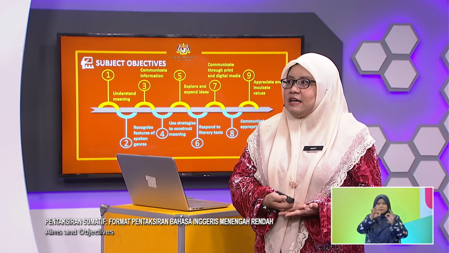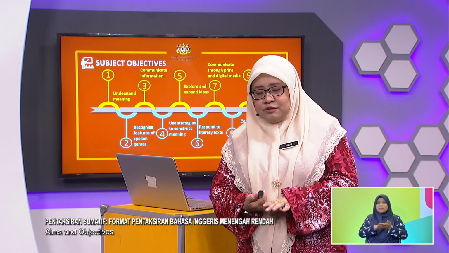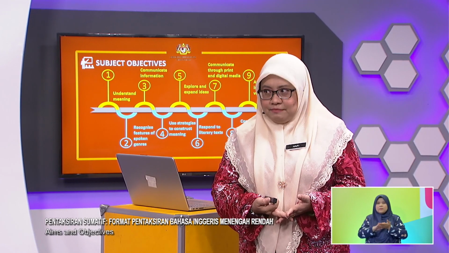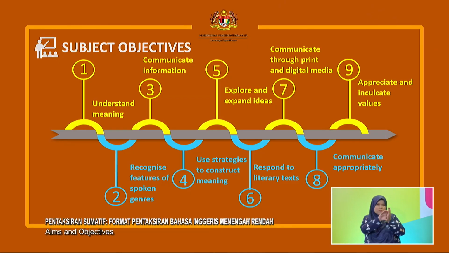And next, the students should be able to communicate through print and digital media. As well, they should be able to communicate appropriately. And finally, Chris, for them to appreciate and inculcate values. So these are the 9 subject objectives for the English paper.